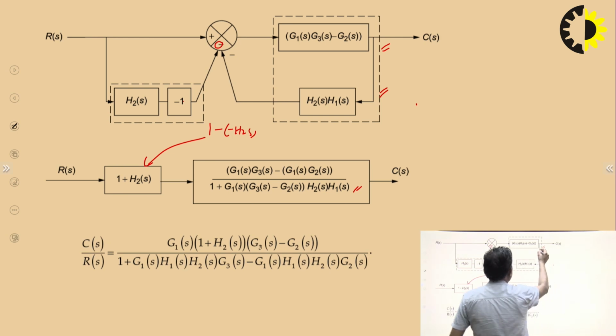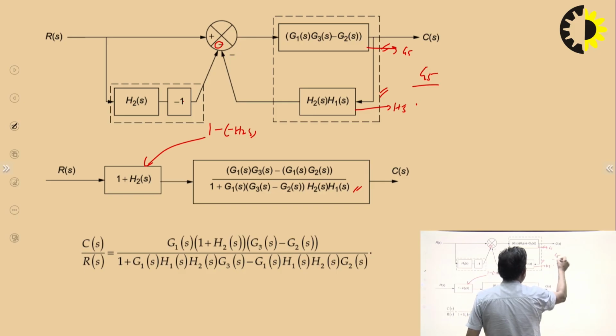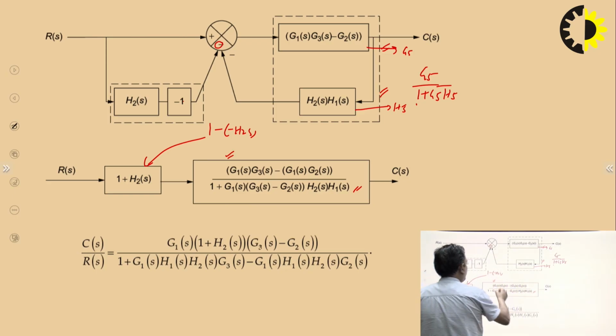Let us suppose this whole is, let's say, G5 and this is, let's say, H5. So how will you solve it? G5 upon 1 plus G5 into H5. When you solve this, where G5 is this value and H5 is this value, you will get this value.